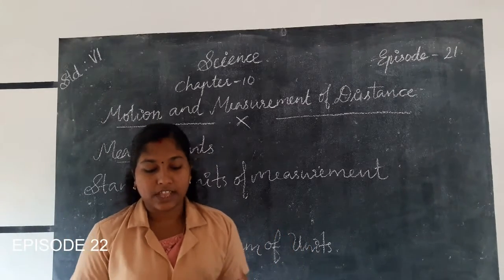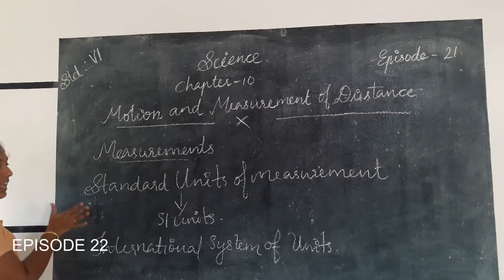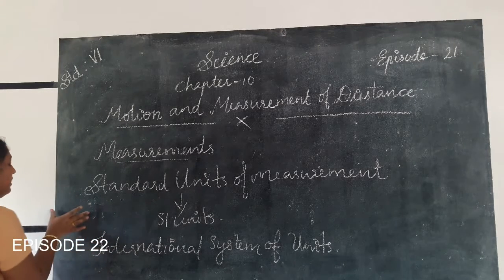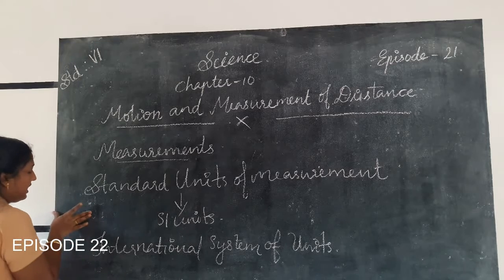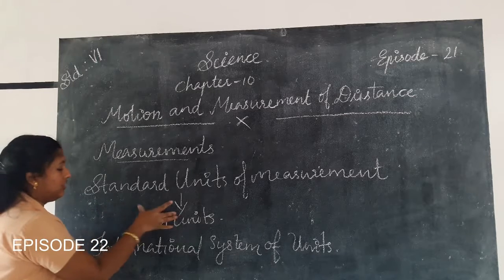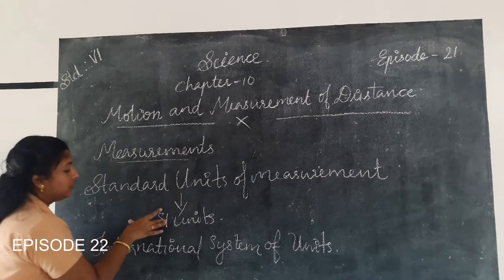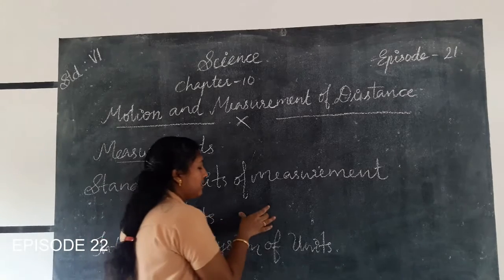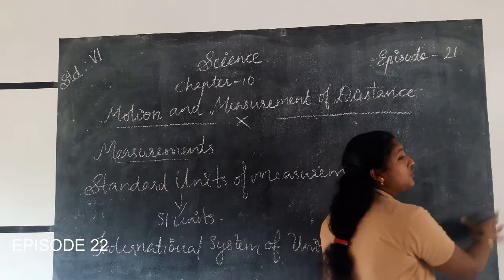In ancient times, they used their hands for measuring. They took one hand as one centimeter, and like this they measured. If we measure the length of the blackboard using hands, we count 1, 2, 3, 4, 5, 6, 7, 8, 9, 10, 11, 12.